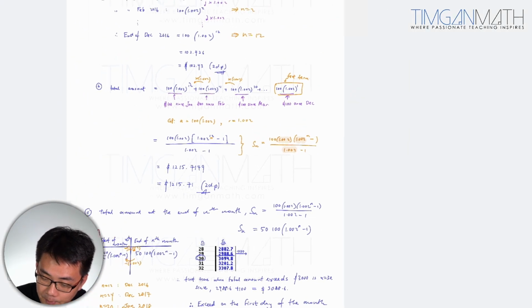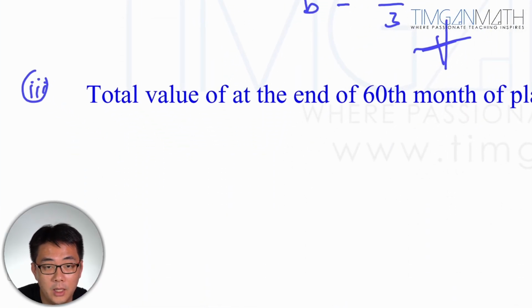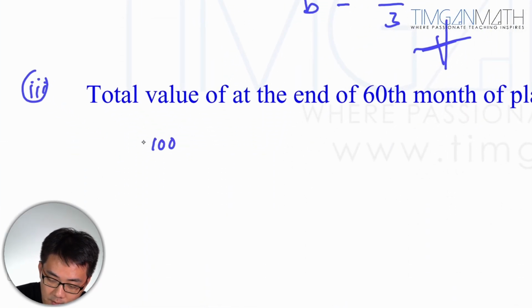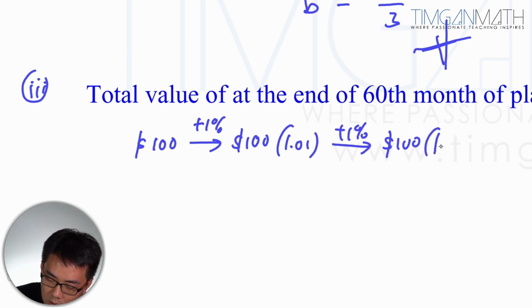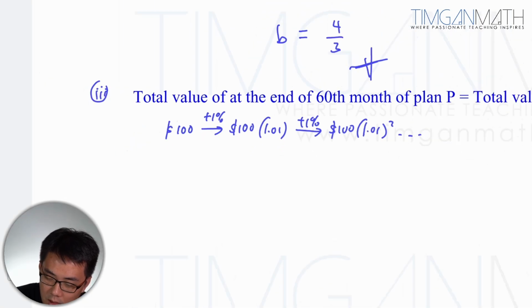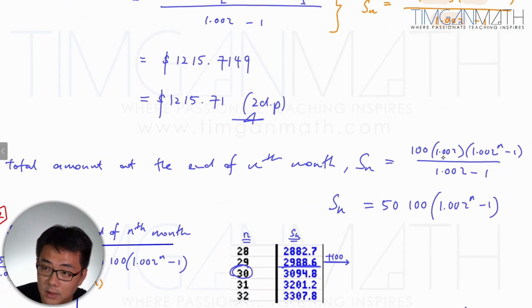Because now instead of A equals 0.2, you're taking 100 at 1%. It's 100 times 1.01 plus 100 times 1.01 squared, and so on, right? So this case here, we're going to use 1.01 instead of 1.002.